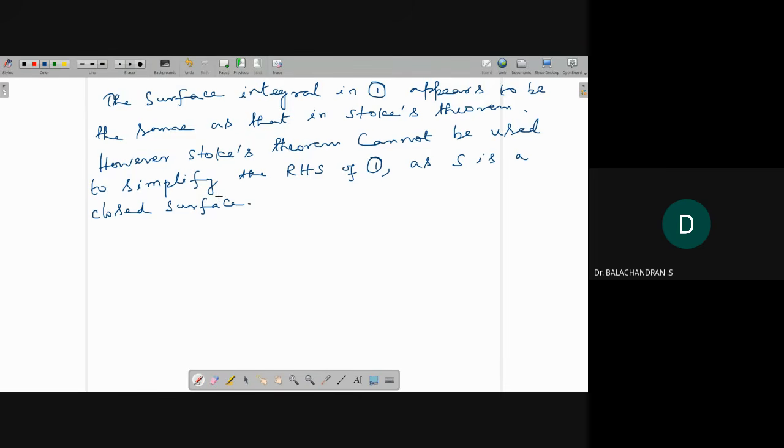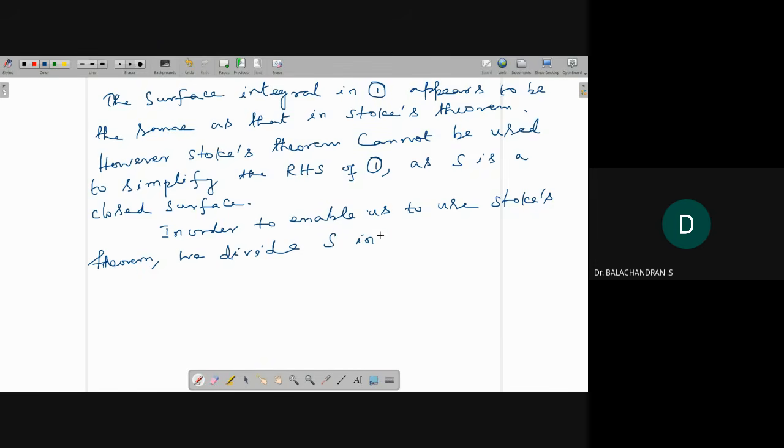So in order to enable us to use Stokes theorem, we divide S into 2 parts, S1 and S2, by a plane.